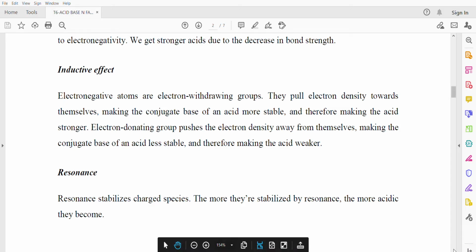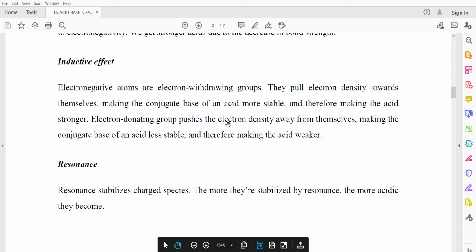And then comes resonance. If you see the inductive effect, take the example of a tertiary carbocation and a primary carbocation.